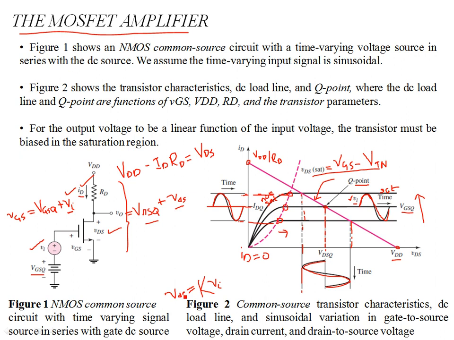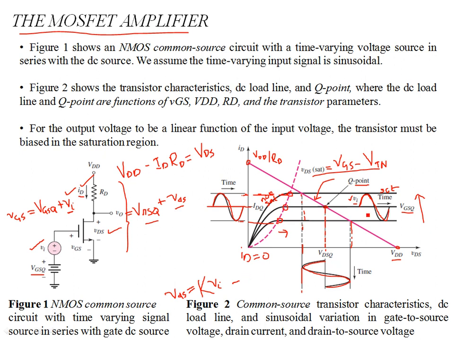So in a sense, it doesn't reproduce any harmonic components, or a sinusoid which has a different frequency from the Vi. It's just the scaled version of the input. So it's a linear amplifier.